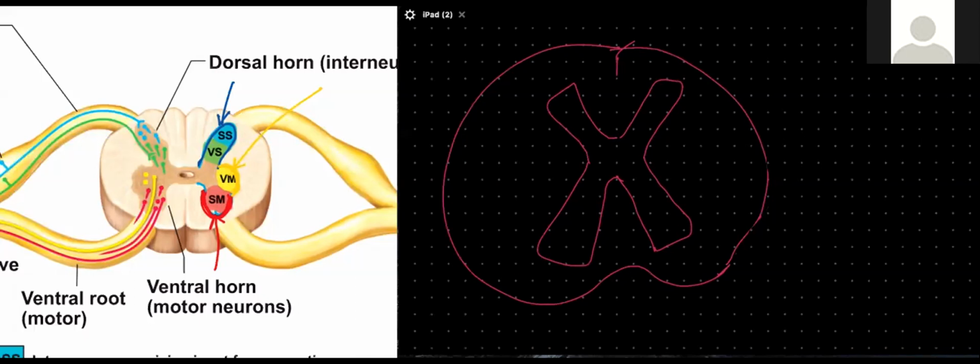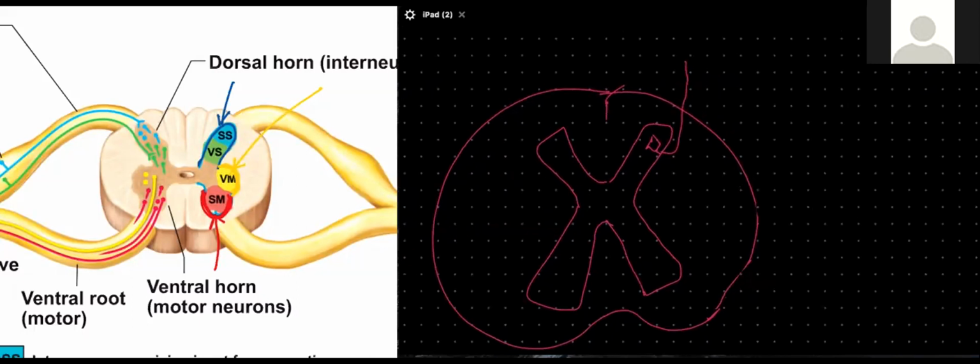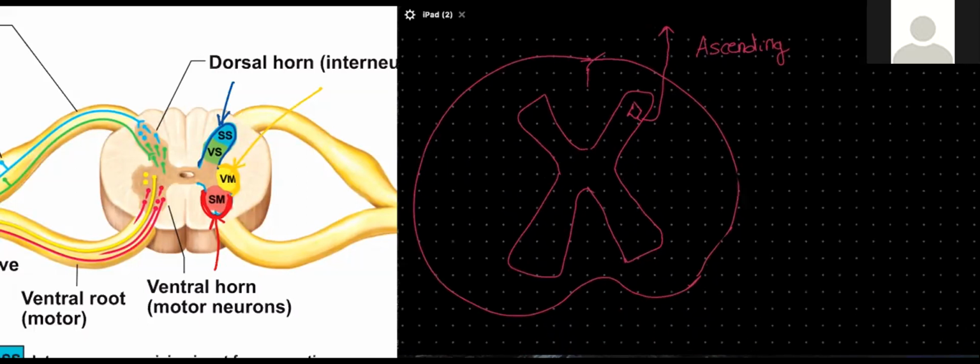Exactly. So we're looking here, those are cell bodies. They are either going to be sending up towards your brain signals, so an ascending pathway, or they are sending out signals to muscles and glands. So descending pathway.